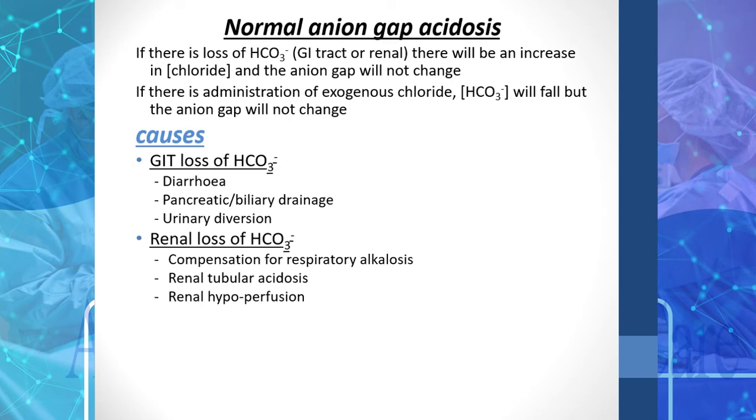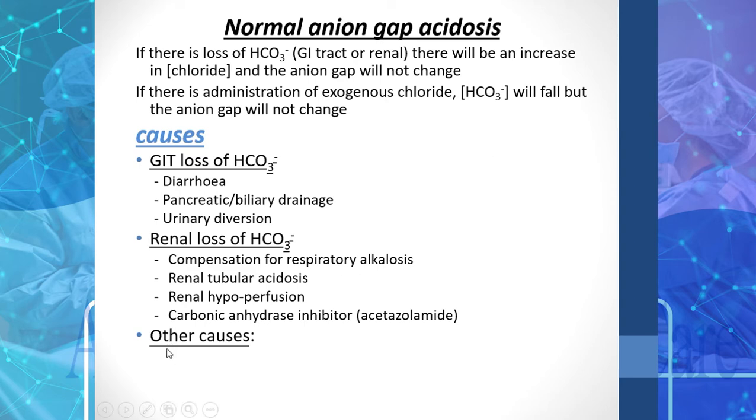In renal hypoperfusion, what will happen? The renin and the aldosterone will work to increase the blood volume. Okay. Also, in case of carbonic anhydrase inhibitor, acetazolamide will cause also normal anion gap acidosis because it increases the renal loss of bicarb.